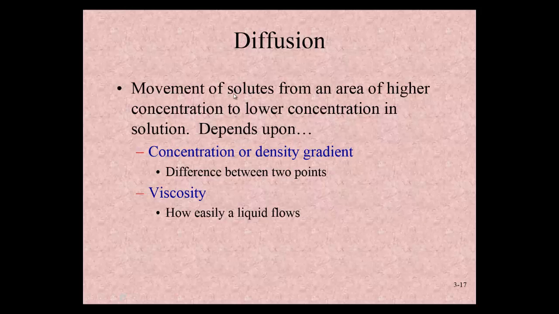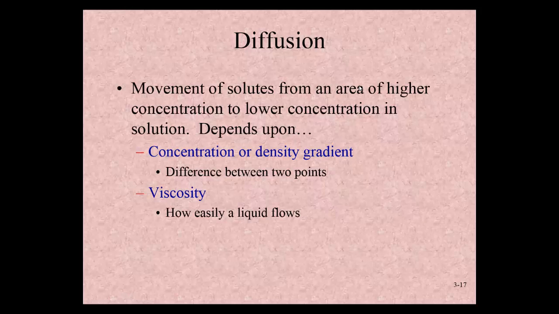Anything that is dissolved in a substance we call a solute. What happens in diffusion is the substance moving across the membrane will move, if it can, from an area of higher concentration to an area of lower concentration. As long as we have a concentration difference across the membrane, there will be a natural flow of a substance without the input of energy if it's able to cross.